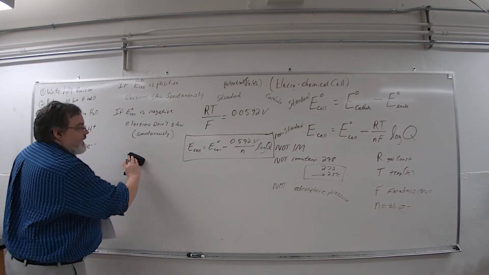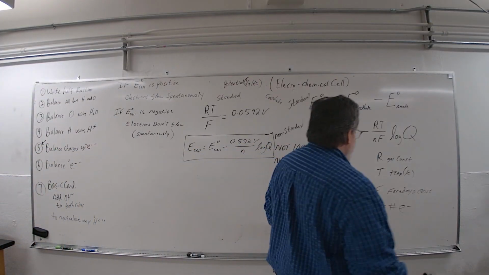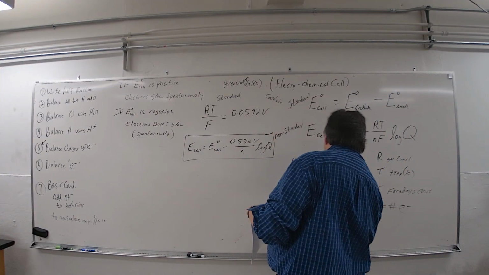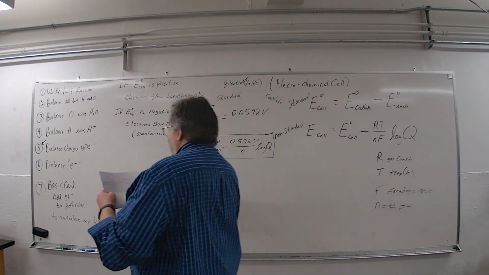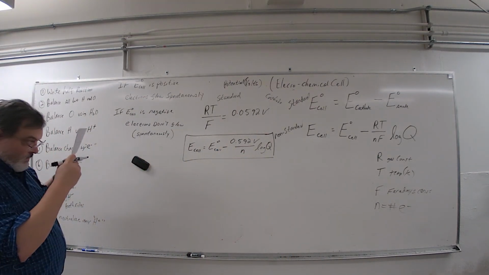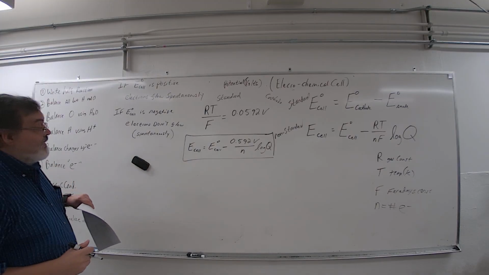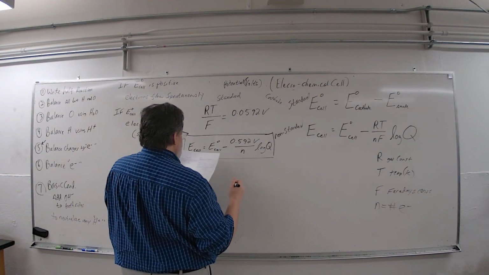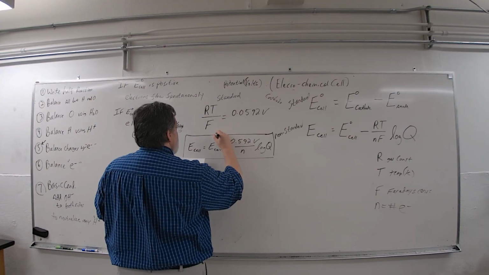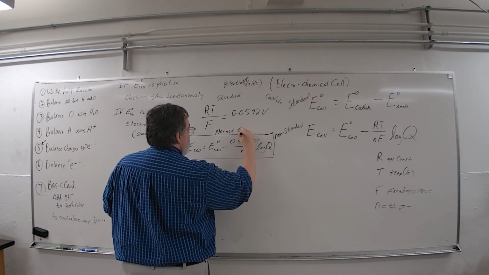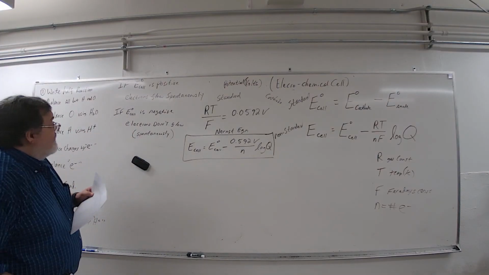Okay, and let me do a calculation with that, just to show you where you land. This is called the Nernst equation.